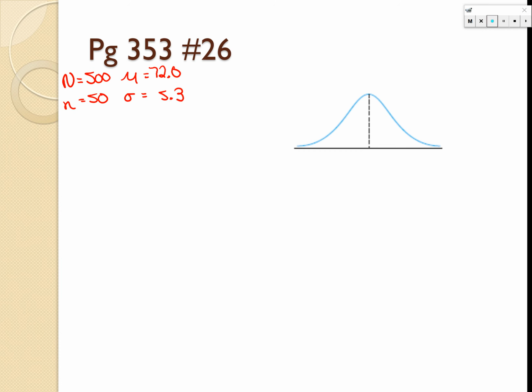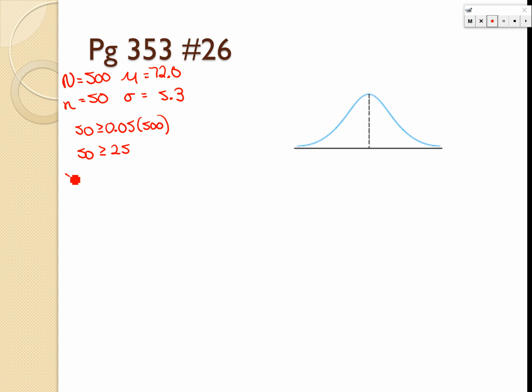So how do we know if this correction factor should be used or not? It doesn't say anything about sampling being done with or without replacement, so that's not going to help us out much. So we need to check the second piece of that. Does our sample account for at least 5% of our population? Our sample size is 50. Is that greater than or equal to 5% of our population? 5% of 500 is 25.